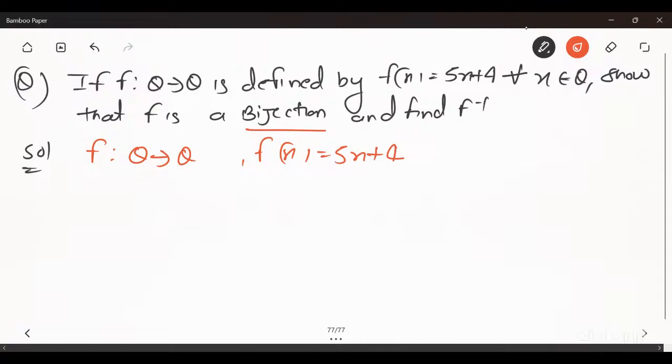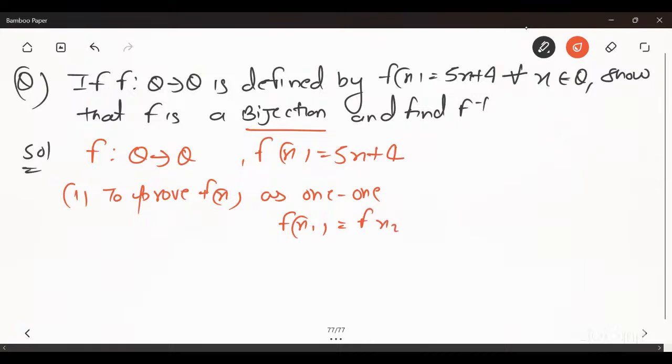So first, we have to prove f(x) is one-one. So how can we prove f(x) is one-one? We will take f(x1) is equal to f(x2). Now f(x1) means 5x1 plus 4 is equal to 5x2 plus 4. Now 4 will be cancelled.